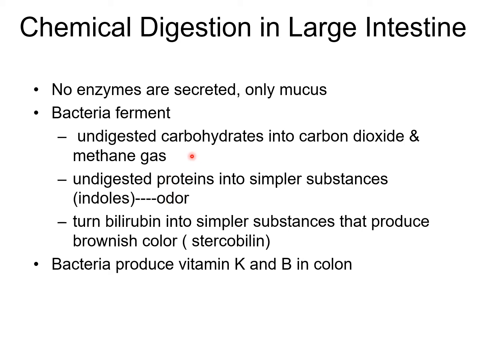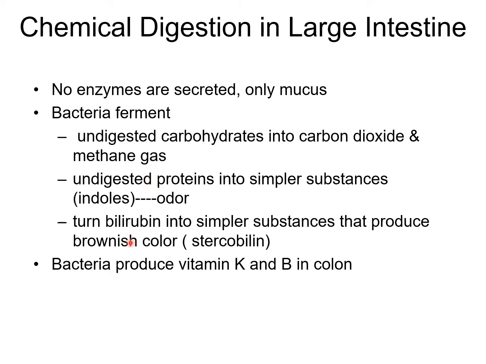If any carbohydrate was unabsorbable or undigestible, bacteria create gas. Undigested proteins can be turned into smelly compounds. Odor comes a lot of times from undigested proteins being degraded by bacteria.